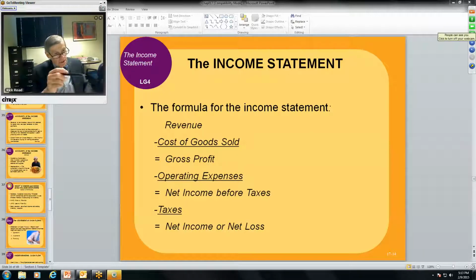So here it is. Revenue minus the cost of goods sold equals gross profit. Then gross profit minus operating expenses equals net income before taxes, and then minus taxes tells us whether we made or lost money.